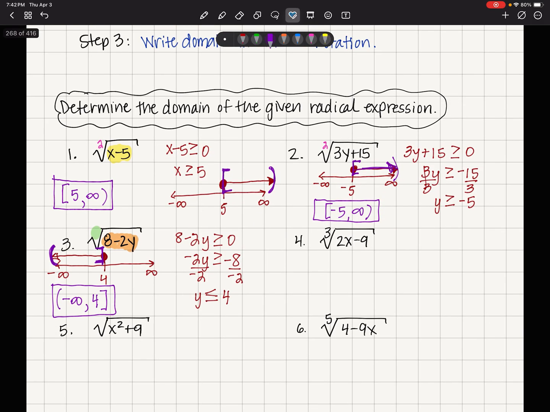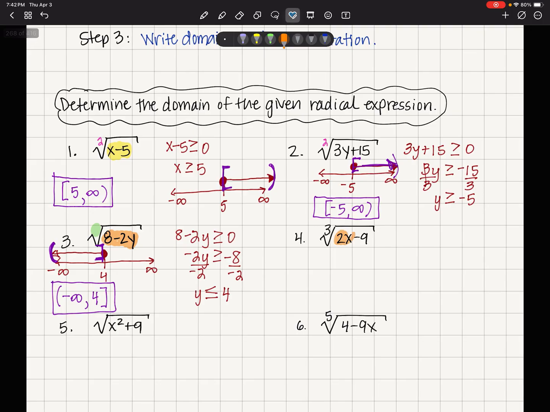Now what's different about number 4? I've got the radicand, 2x minus 9. Nothing different really there, but we have an odd index.